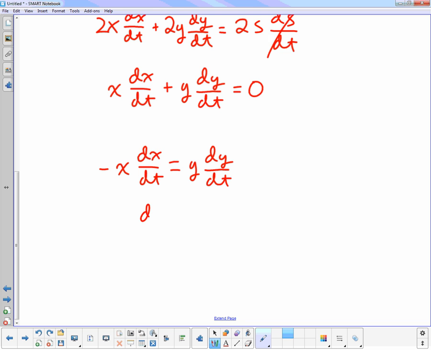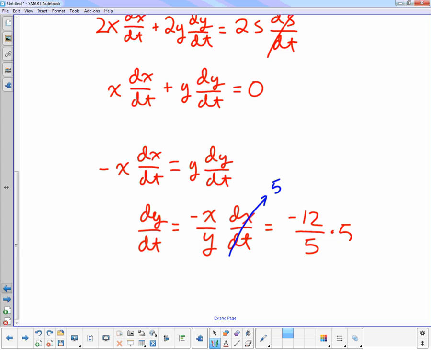So now dy/dt is equal to negative x over y times dx/dt. And dx/dt was a constant. We knew that, that was 5. And x and y we know. Feet per second.